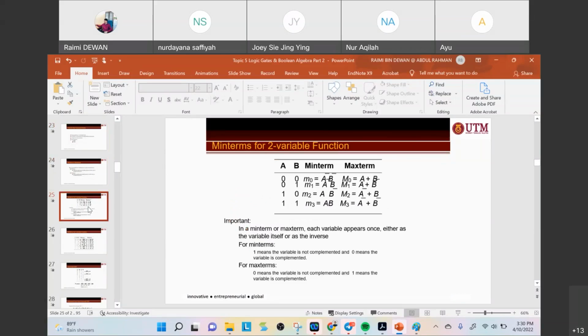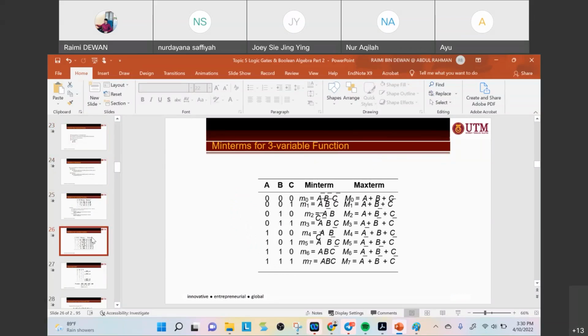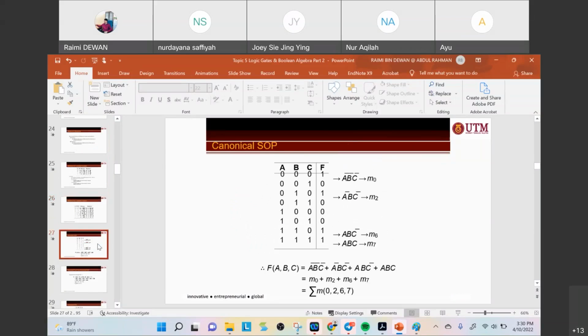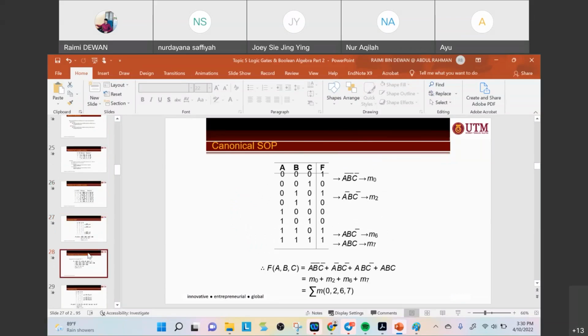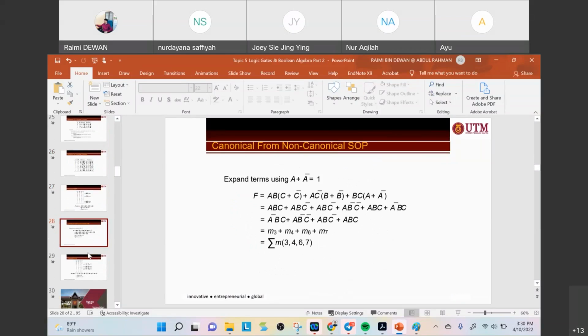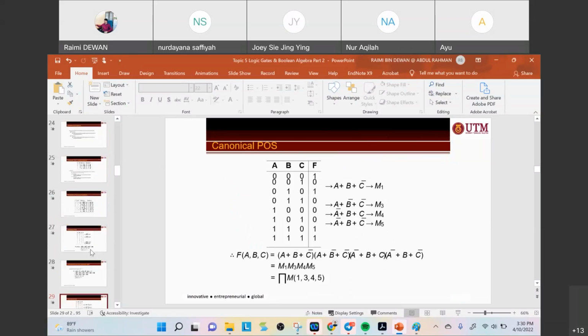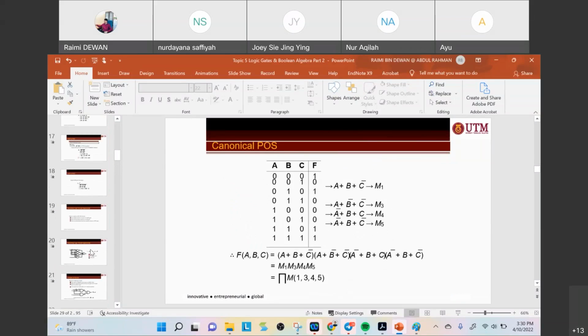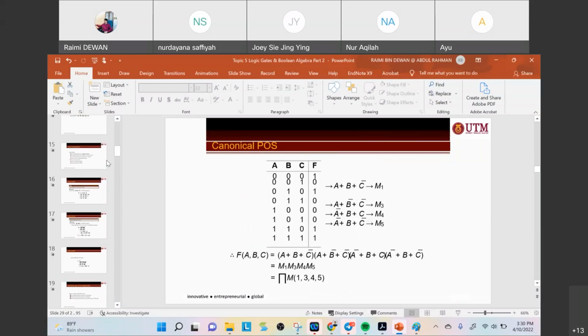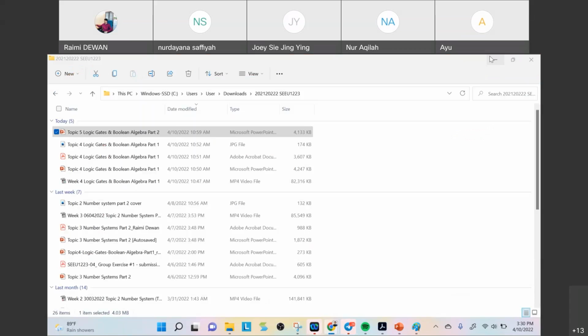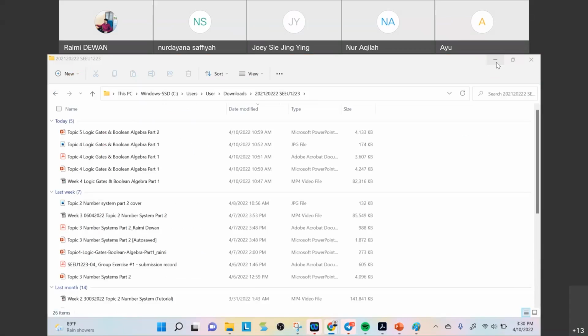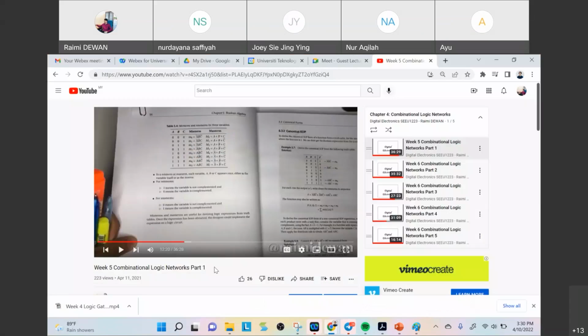Min term for 2 variable function, min term for 3 variable function, canonical SOP, canonical form from non-canonical SOP. We will continue this on the second day of the lecture, which is on Wednesday. But I will ask you to watch this first.